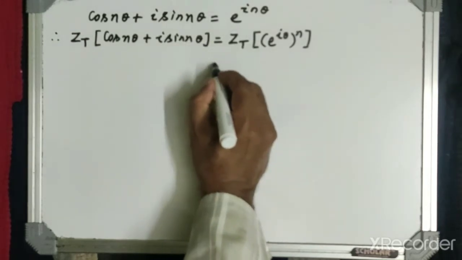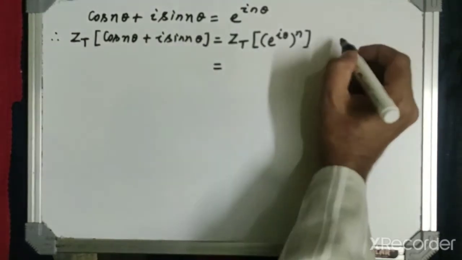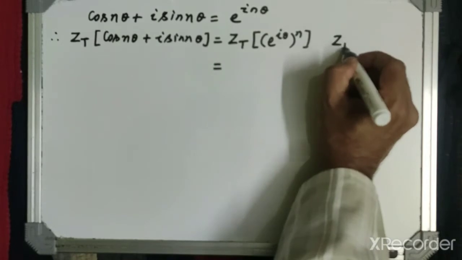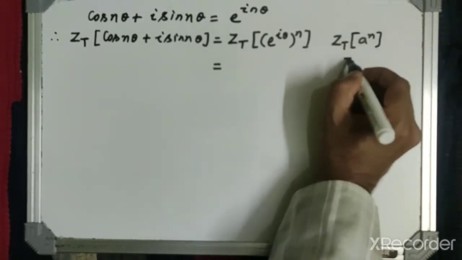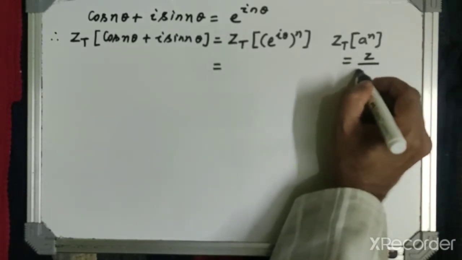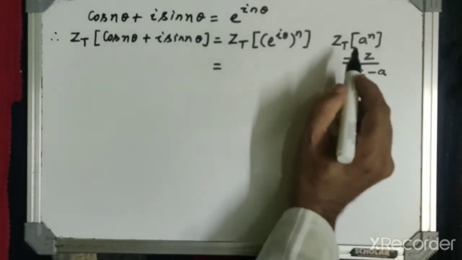Now we know that the Z transform of a power n is equal to z by z minus a. So recall this formula.